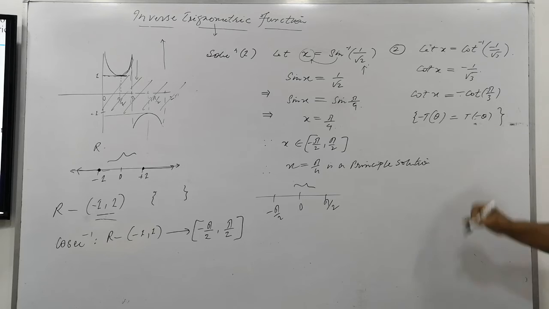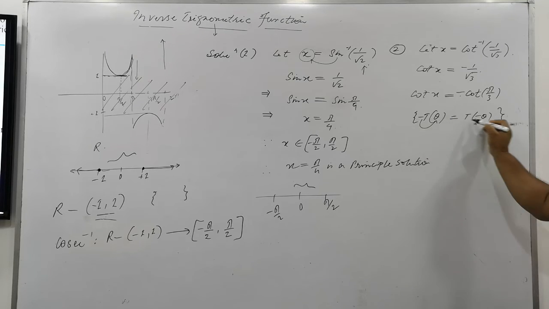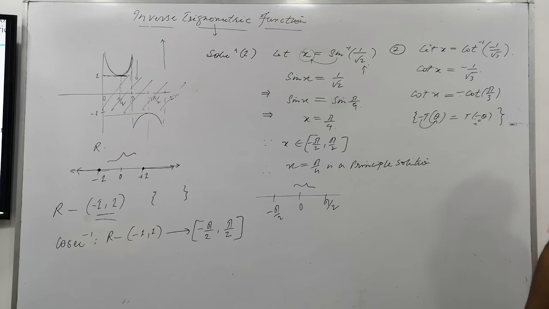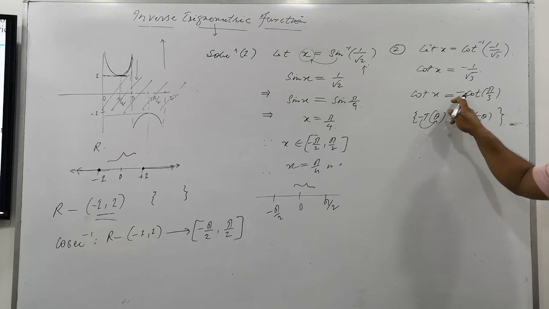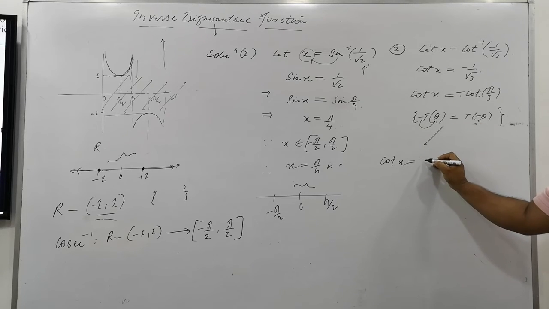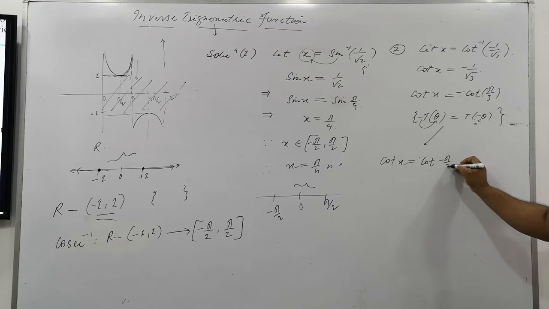Do you remember? In the 11th class I told you this. This minus can be introduced in the domain right now. And this is true for only which functions? This does not work for cos, and it is the fourth quadrant concept. This works for sine, cosec, tan and cot. Is that clear? So there are two ways. First, cot x is equal to cotangent of minus pi by 3.